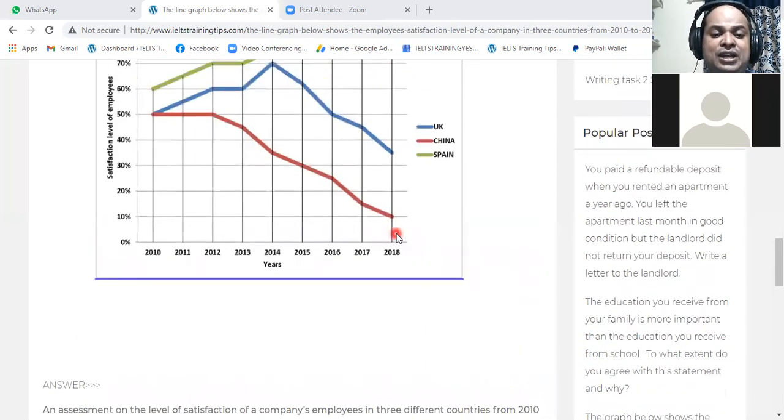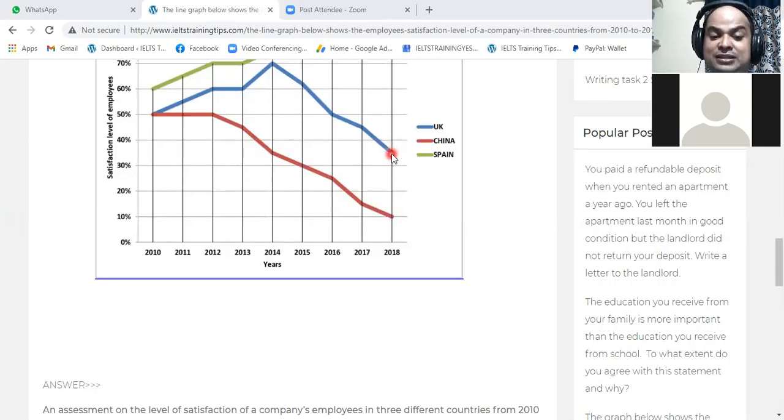So by 2018, China's satisfaction level touched a nadir, this is the lowest point, of 10 percentage, which was 25 percentage lower than the UK's employee satisfaction level. So by 2018, China's employee satisfaction level was just 10 percentage. It was 25 percentage less than the UK.